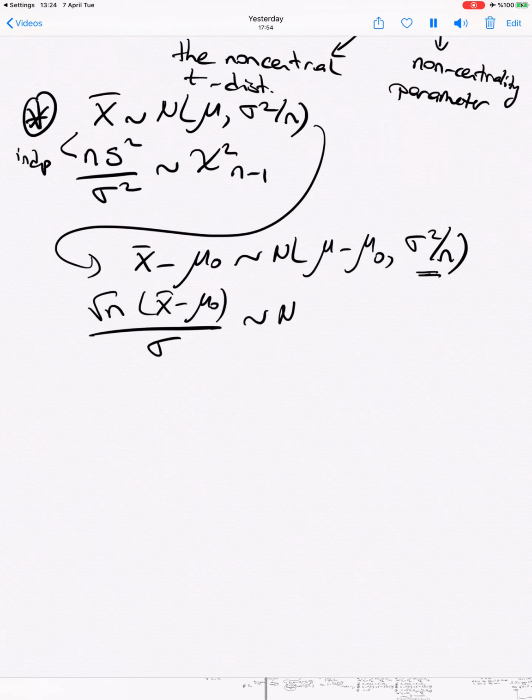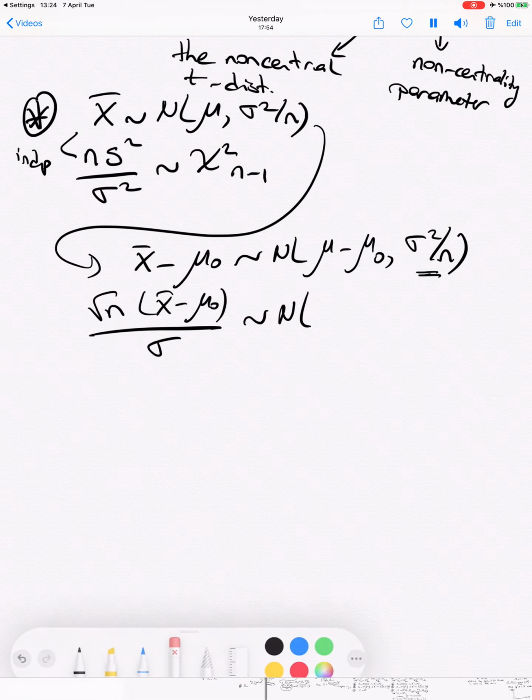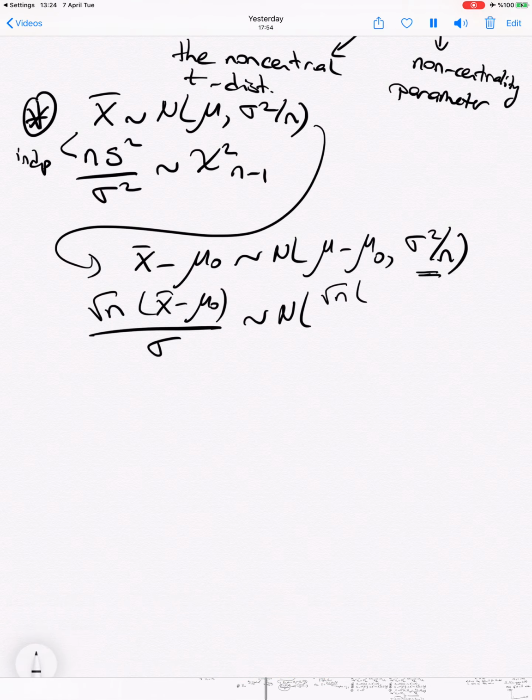So we have a normally distributed random variable, square root of n times x bar minus mu 0 over sigma, with mean square root of n times mu minus mu 0 divided by sigma, and variance 1.